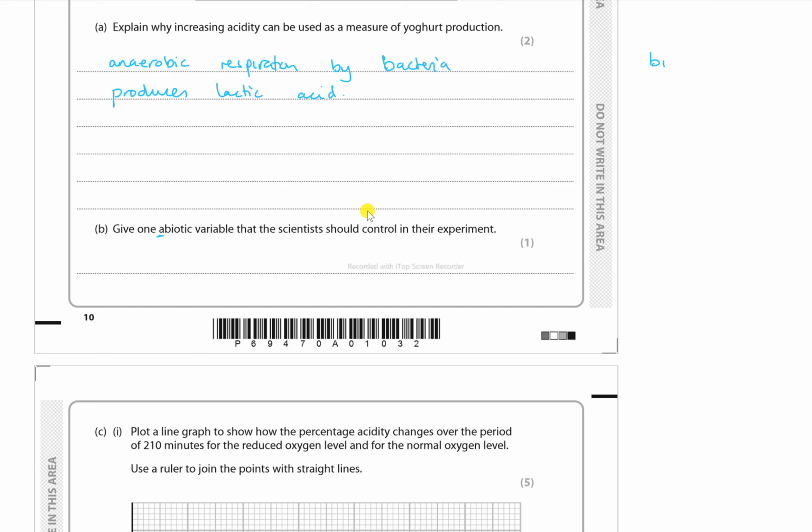Okay, give one abiotic. So you have biotic factor, which is something that had some life in it, and abiotic factor, something that was dead. So for example, the air or the water or the minerals. Should control, I don't know, temperature is the most obvious one.